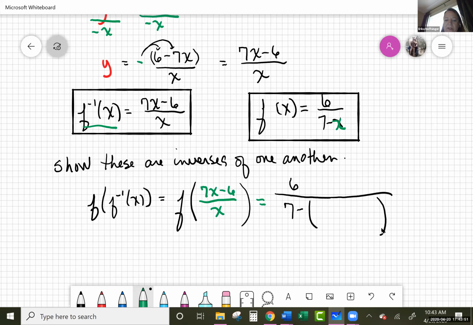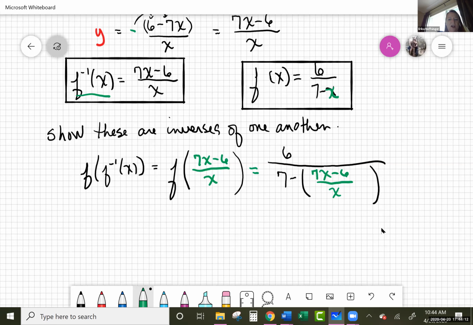And my f inverse function is 7x minus 6 all over x. Okay, so I got a complex fraction.